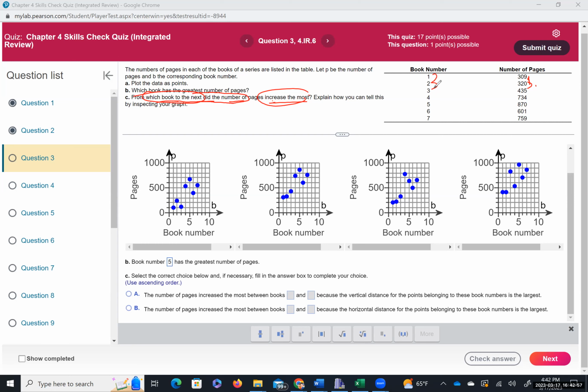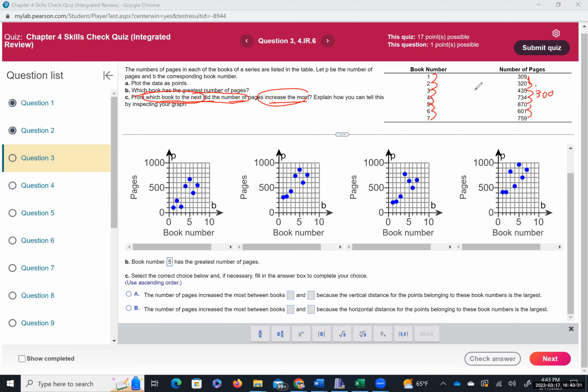And then 3 to 4, I got from 400 to 700 something. So that's a big gap, about 300 pages, right? That increases 300 pages. And then 4 to 5, about more than 100. Well, not the most. 5 to 6, decreasing. 6 to 7, increasing only about more than 100.